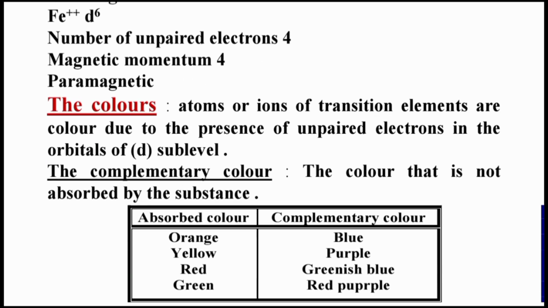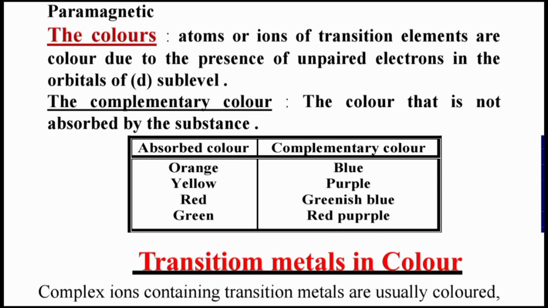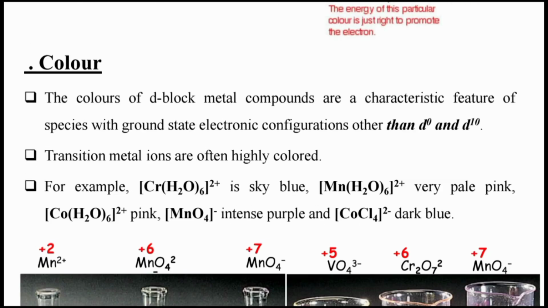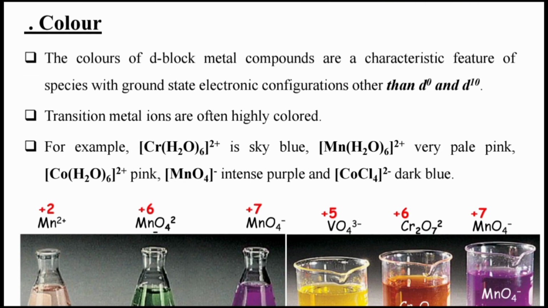The colors. Atoms or ions of transition elements are colored due to the presence of unpaired electrons in the orbitals of the d sublevel. The color that is not absorbed by substances is the observed color, you can read here, complementary observed colors. The colors of d-block metals are a characteristic feature of species; d0 and d10 ground state electron configurations are colorless.